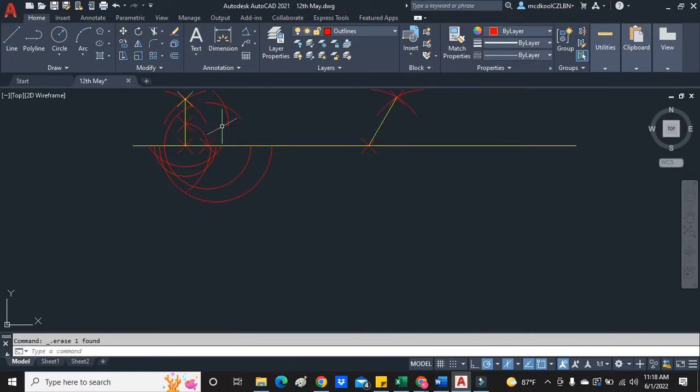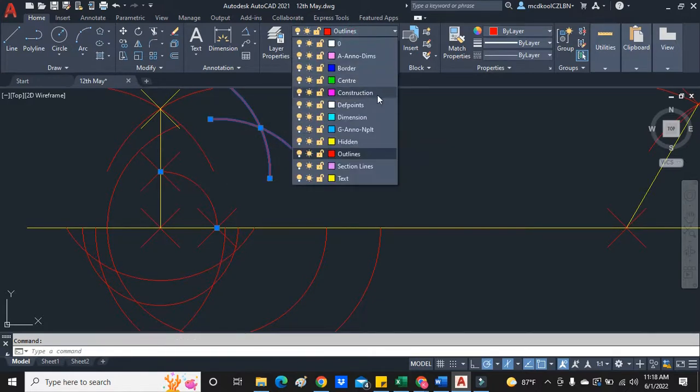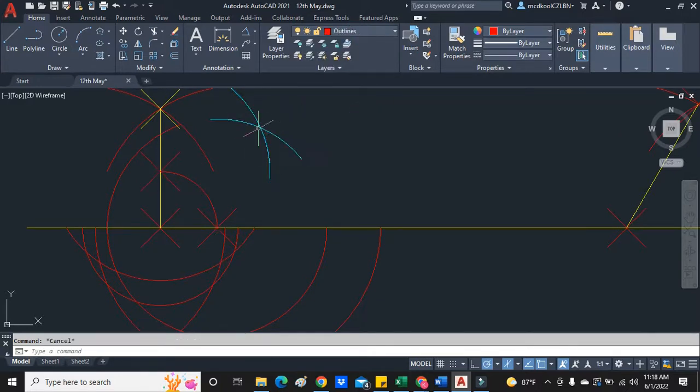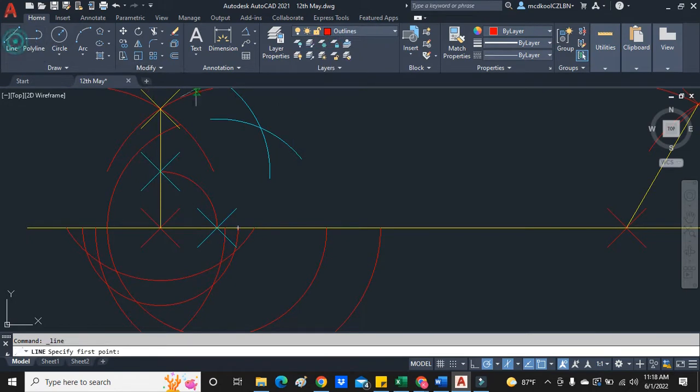And where those two arcs meet, remember where these arcs came from. I'll just change the layer so you can see the difference. These two arcs came from these two points. And we just connect it to the middle of the angle. So this 90-degree angle would now be bisected.